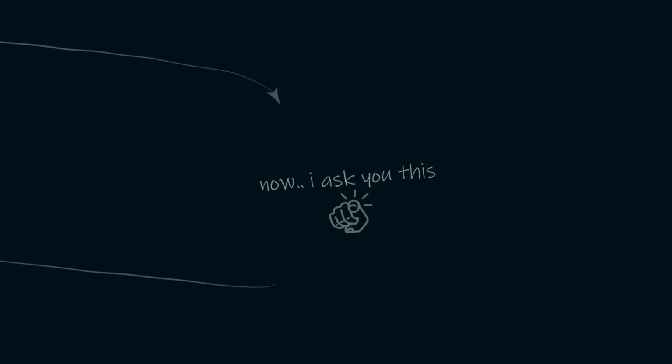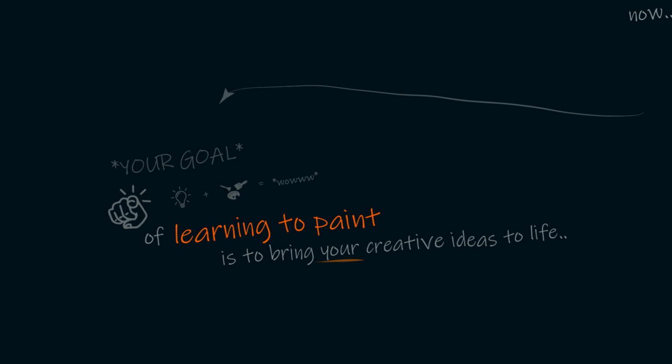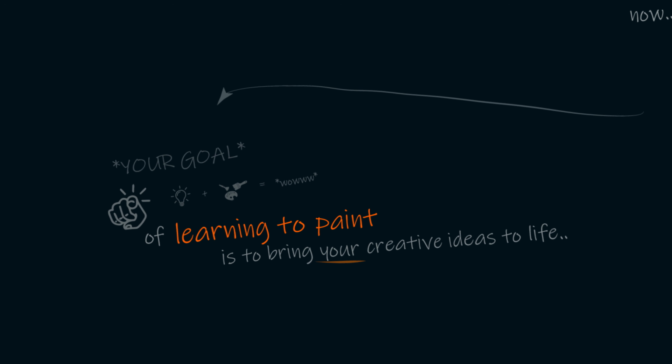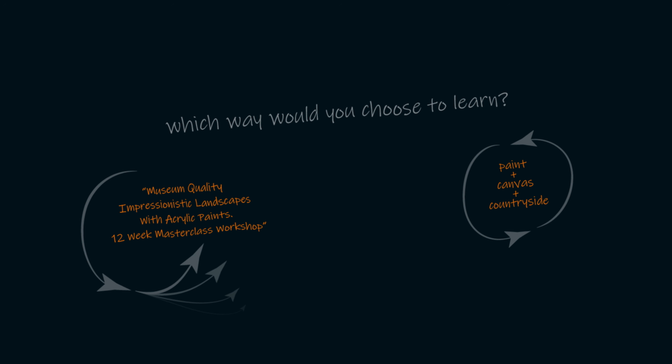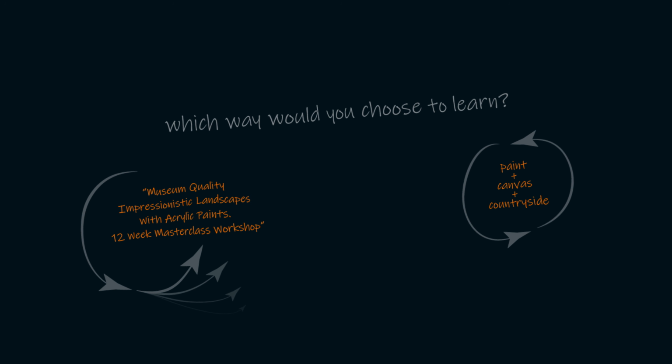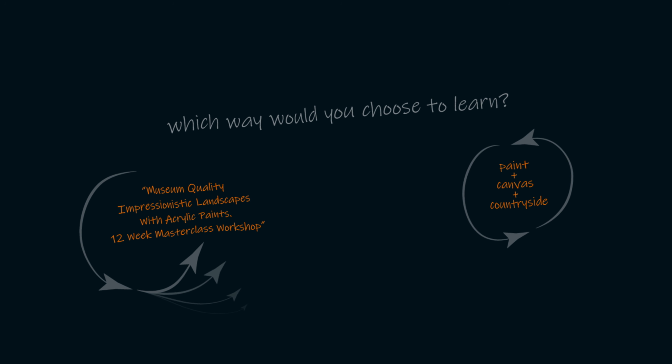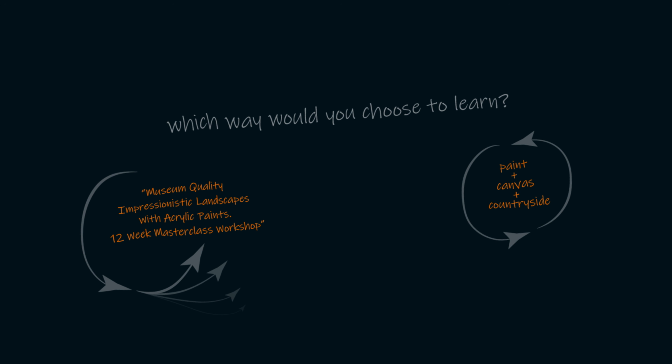Now I ask you this, if your goal of learning to paint is to bring your creative ideas to life, which way would you choose to learn? The 12-week masterclass workshop studying museum quality impressionistic landscapes with acrylic paints, or by picking up your paint, getting a canvas, and heading to the countryside to start painting?